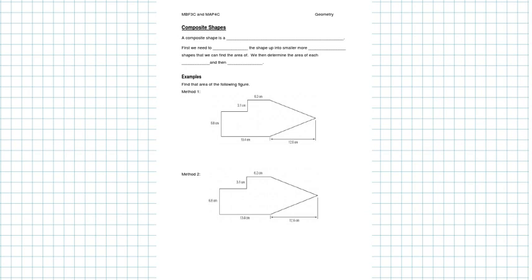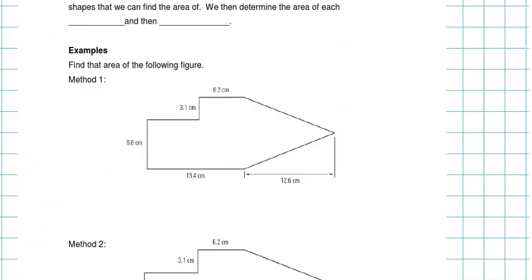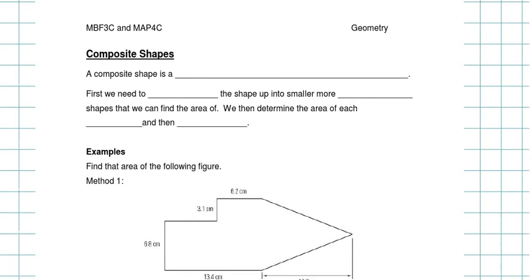Now, most of the time, the shapes that we see or the shapes that we use are not just made of one shape, right? So we have what we call composite shape, okay? So a composite shape is a shape that is made of multiple simple shapes.